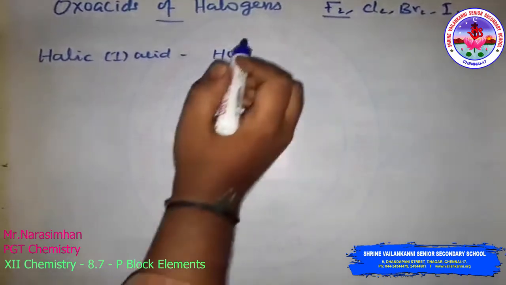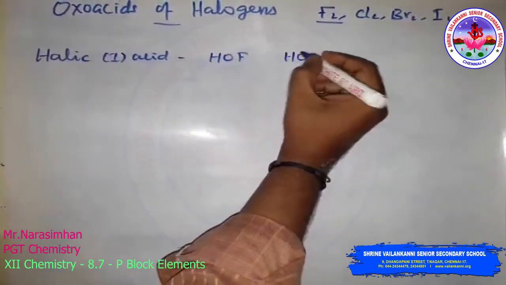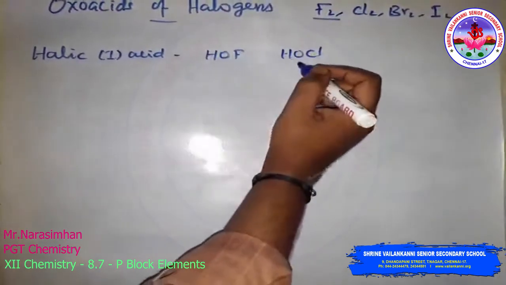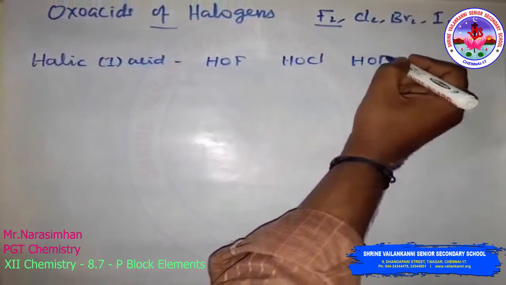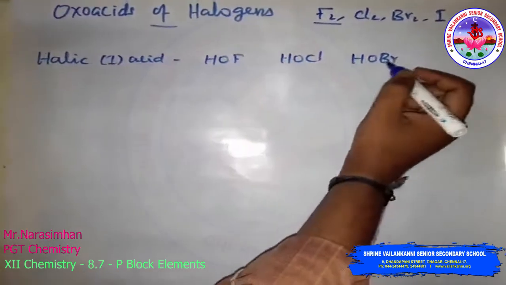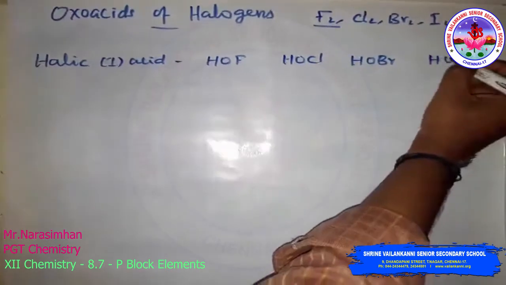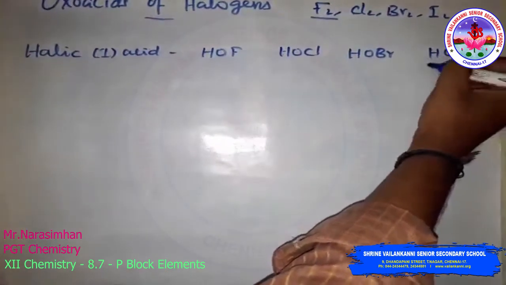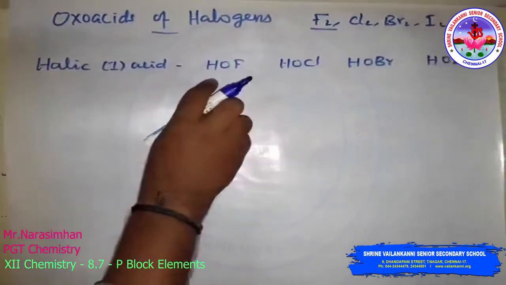The name is hypochlorous acid for chlorine, hypobromous acid for bromine, HOBr, and for iodine, hypoiodous acid. So this is halic 1 acid from HOF.